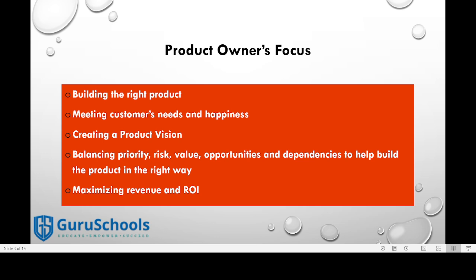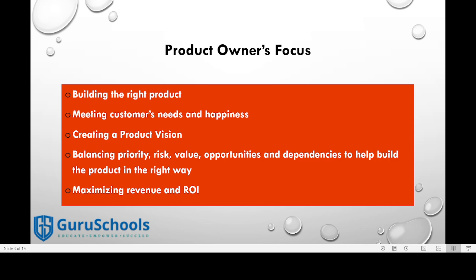The product owner should measure success with business metrics like user adoption and retention, and revenue or cost savings generated per feature. He should also frequently release product increments to obtain earlier feedback from the marketplace.